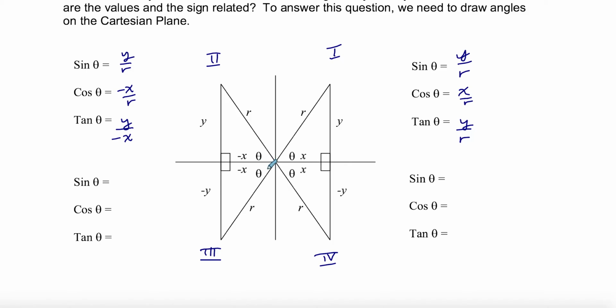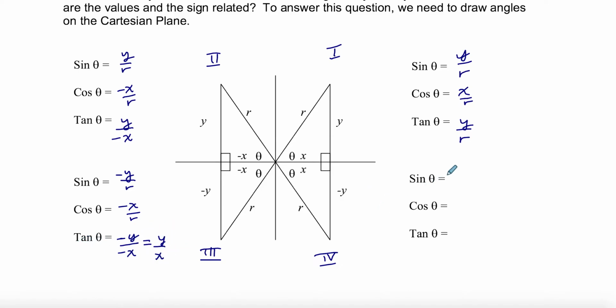So if I'm standing here, sine is opposite over hypotenuse, that's negative y over r. Cosine is adjacent over hypotenuse, so that's negative x over r. And tangent is opposite over adjacent, negative y over negative x, which would actually just give us y over x. So they were negative values that we used, but the tangent actually ends up being positive in quadrant 3.